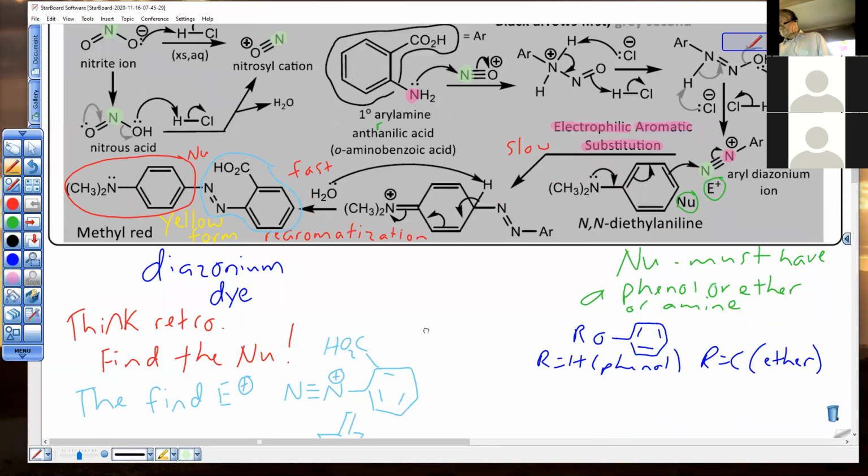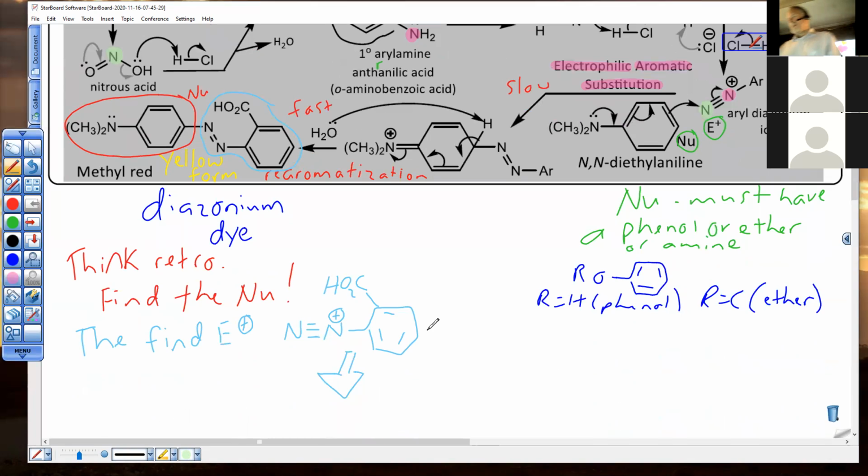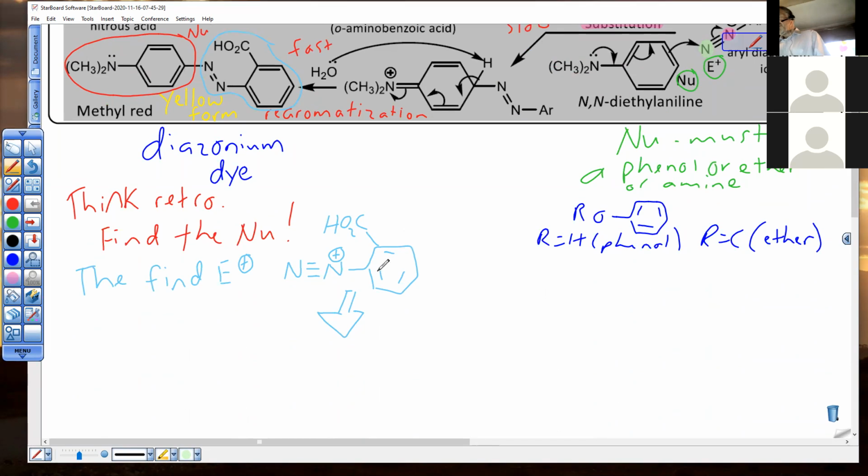So I think we have all the pieces we need to outline the synthesis of methyl red. We have the nucleophile. It's here, I circled it. This thing came from the NH2 version of it right here. This is the other part of the molecule.